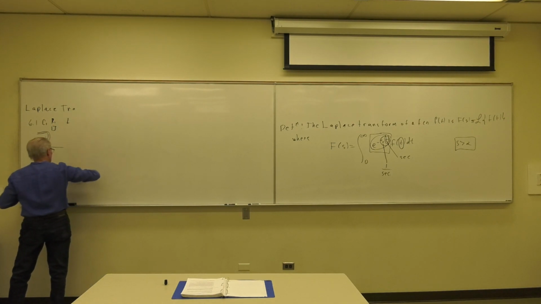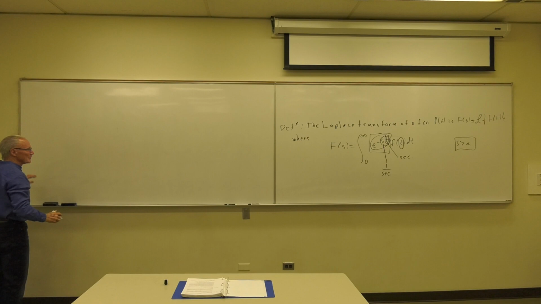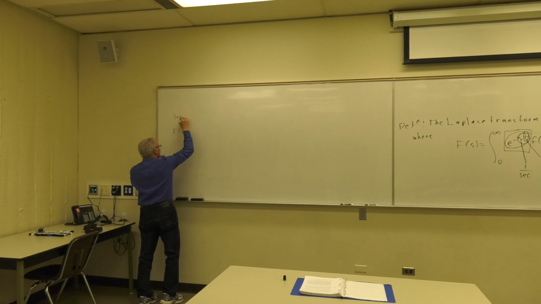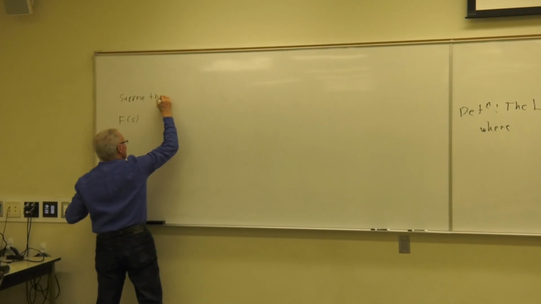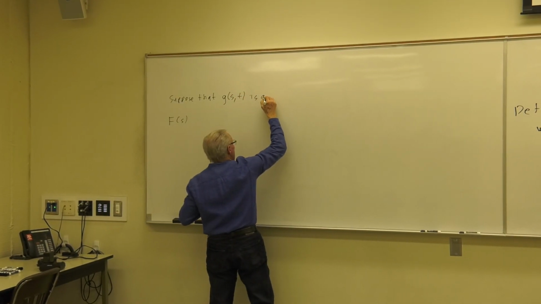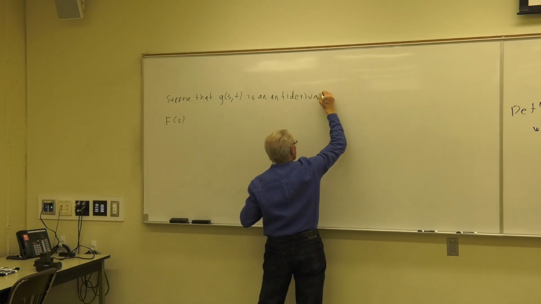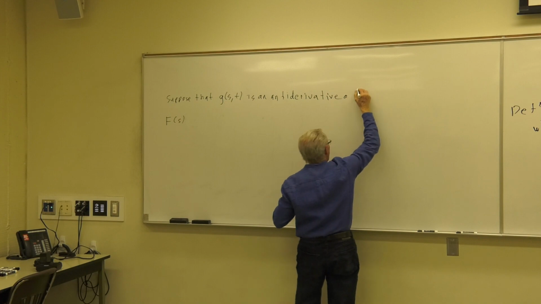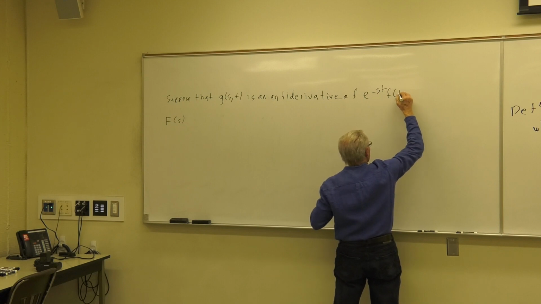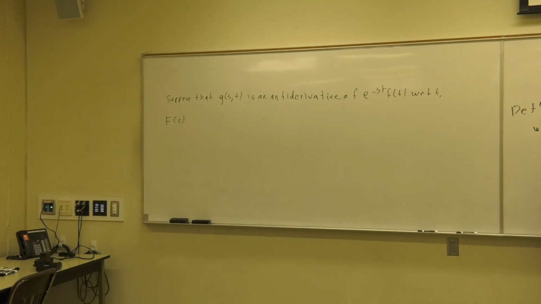Now, that is an improper integral, and if I were going to do things properly, I should probably do the following thing. Suppose that, say, g of s and t is an antiderivative of e to the minus st, f of t, with respect to t, because we are integrating with respect to t.